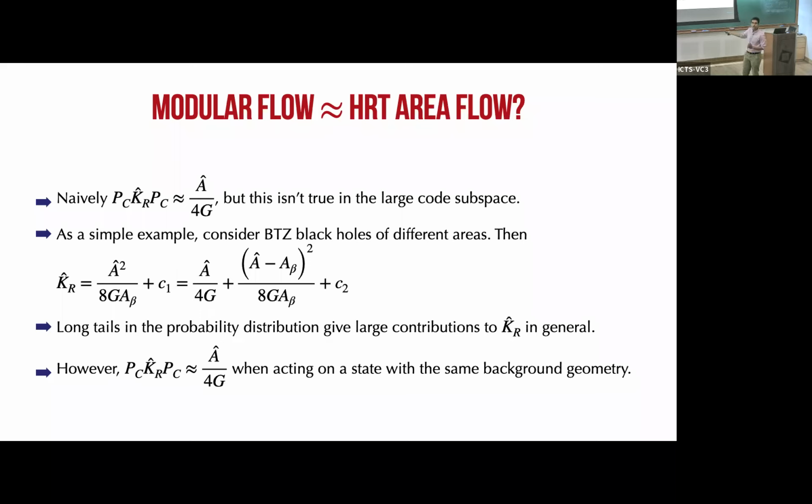It's quadratically growing away because of these exponentially damped tails, and those exponentially damped tails become important in the operator. So if I take the modular Hamiltonian I obtained at one particular temperature and apply it to a state at a different temperature, then these large corrections are important. That's the point.